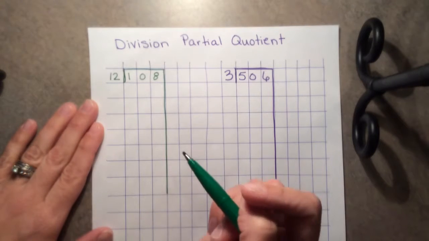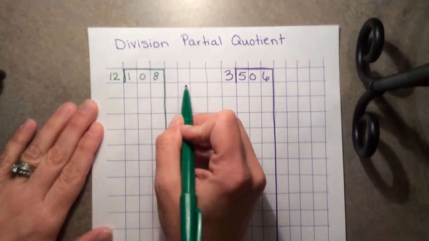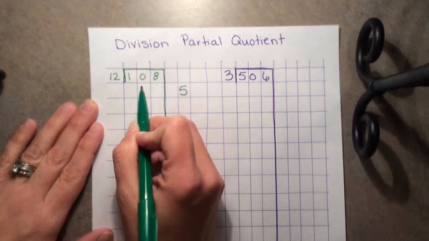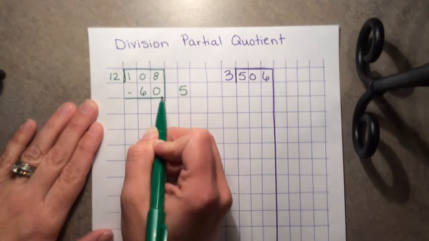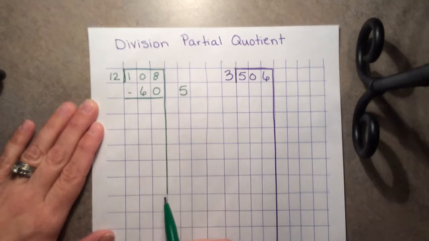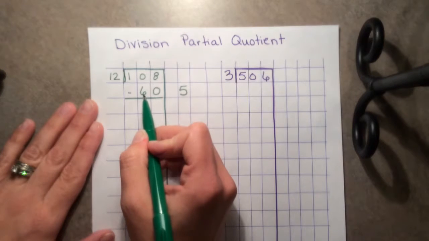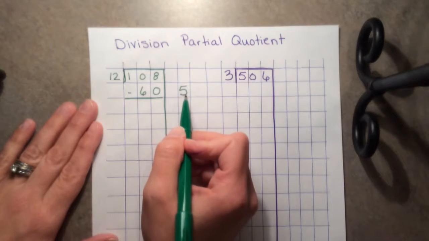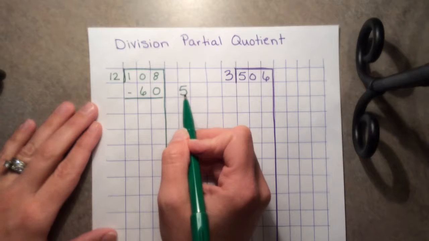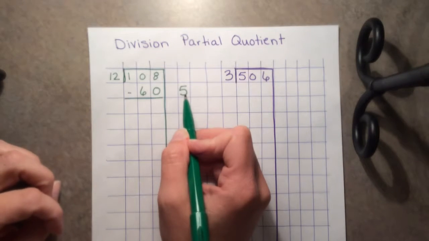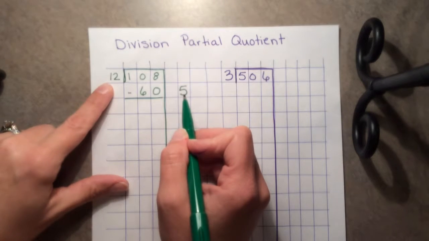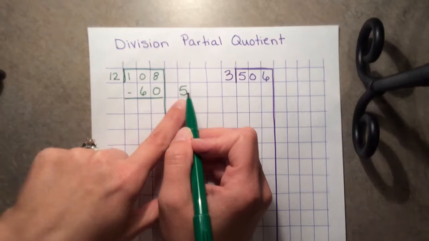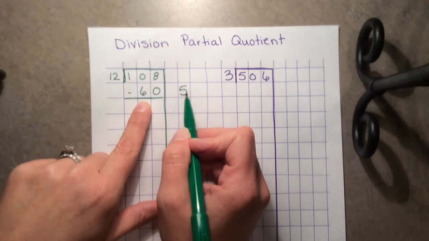But they may know that 12 times 5 gives them 60. So within my division bracket, I do the subtraction piece. On the outside of my division bracket, I'm doing a running total of how many groups, or what was the multiplication problem that I did of 12. 12 times 5 gave me 60.